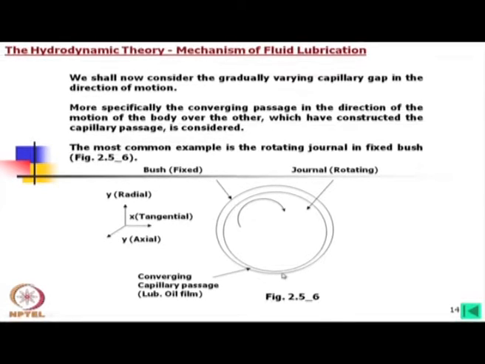So, in the direction of motion x is positive and y is along the radial direction, that means in the direction of h, the film thickness. Sorry, this will be z, there is a mistake: z is the axial direction along the shaft.